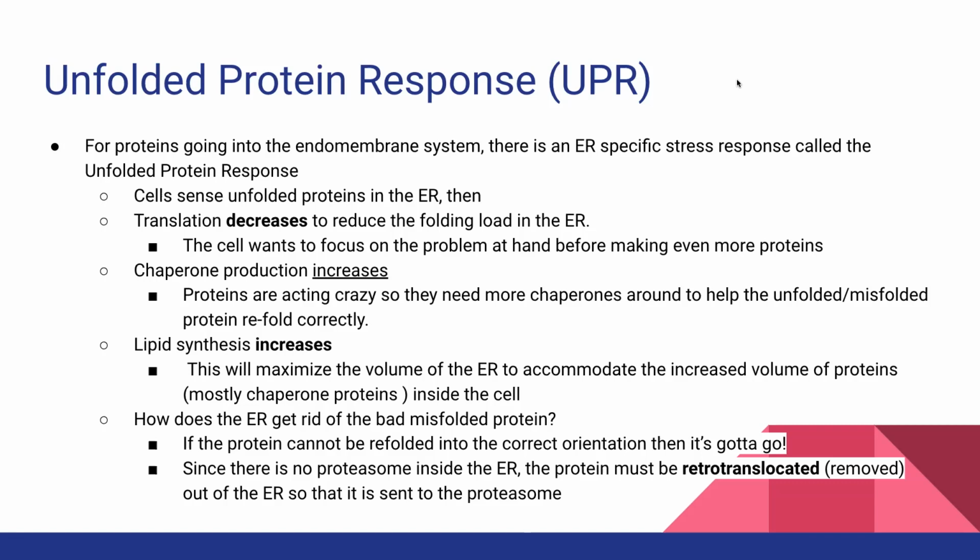How come if you're decreasing overall translation, how are you increasing translation of chaperone proteins? From what I know, you're going to decrease the translation of regular proteins that are folding in the ER, but the cell knows.